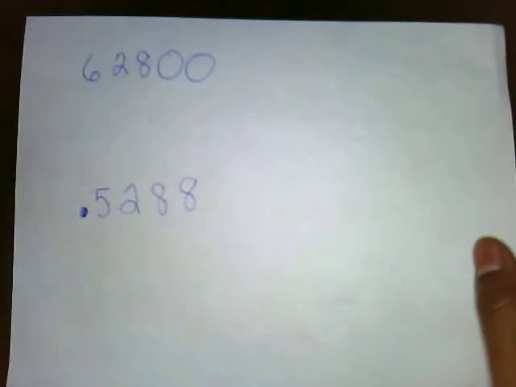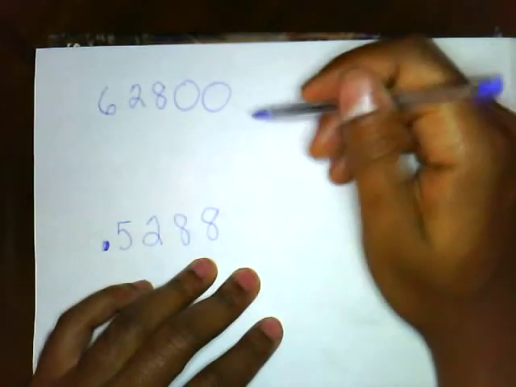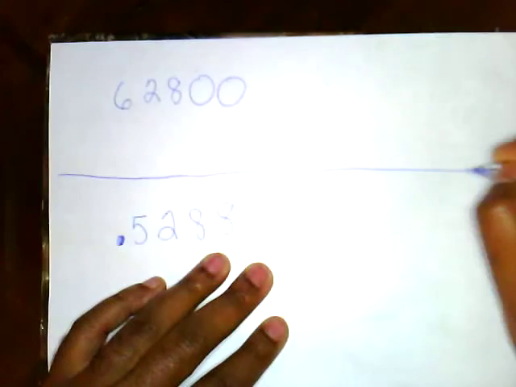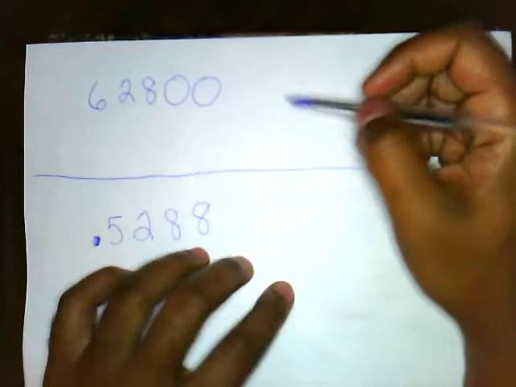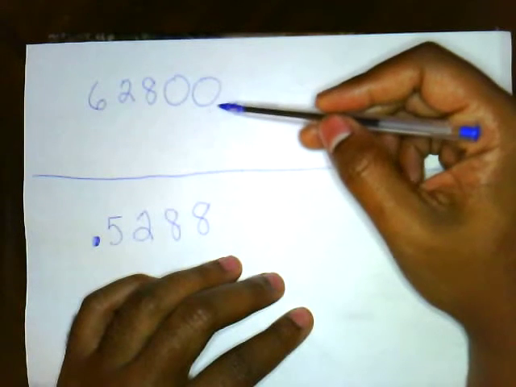Now, let's try it the other way. Now you're going to take this number and put it into scientific notation. Listen closely on how to do this. First, you look to see, is this a number above 1? It is.